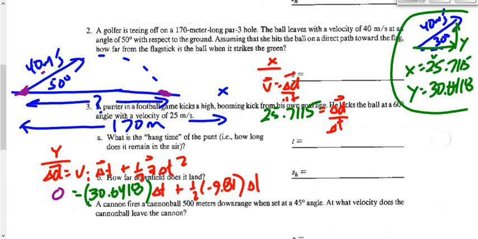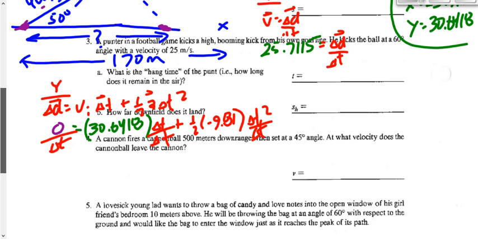Now, some of you are still having a little bit of trouble rearranging this. Let's divide everything by t. We can divide it by anything we want, but t makes sense. 0 divided by t is 0. T divided by t is 1, so 30.6418. 1/2 times -9.81. T squared divided by t is t.